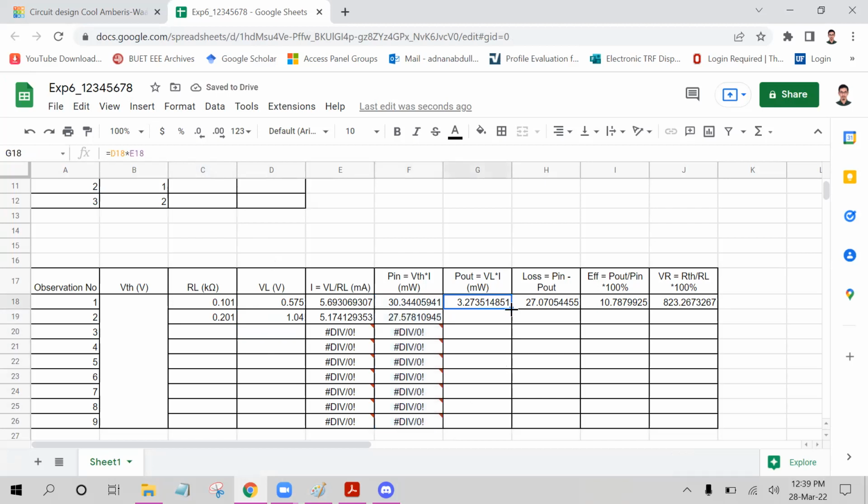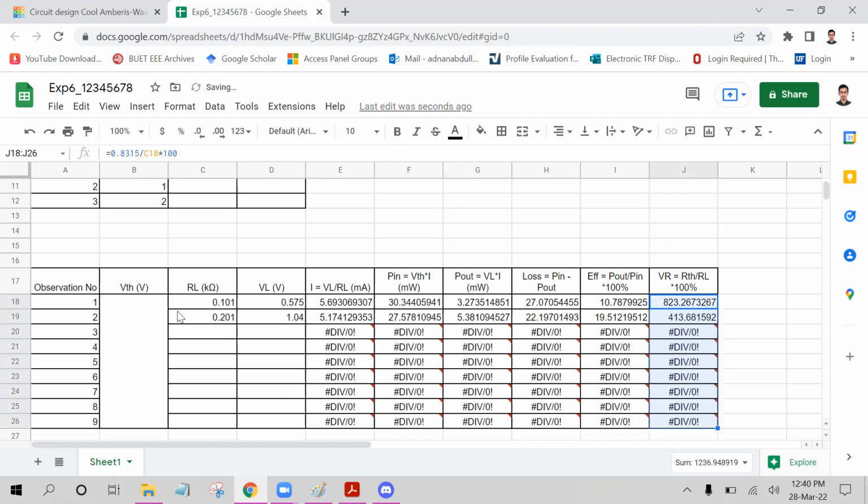All the formulas will automatically be copied and calculated. See, my observation number 2, this row is automatically done. So that's it. Pretty easy, right?